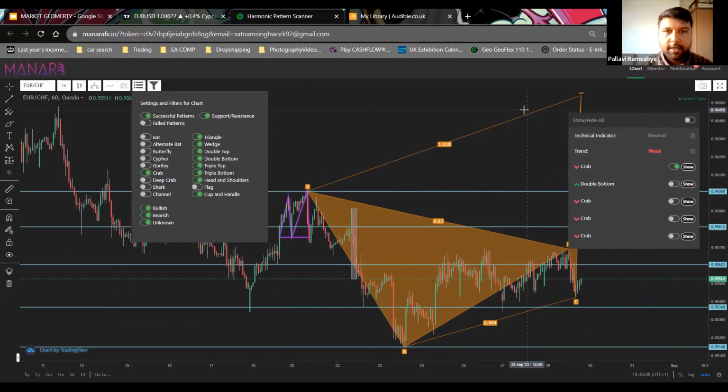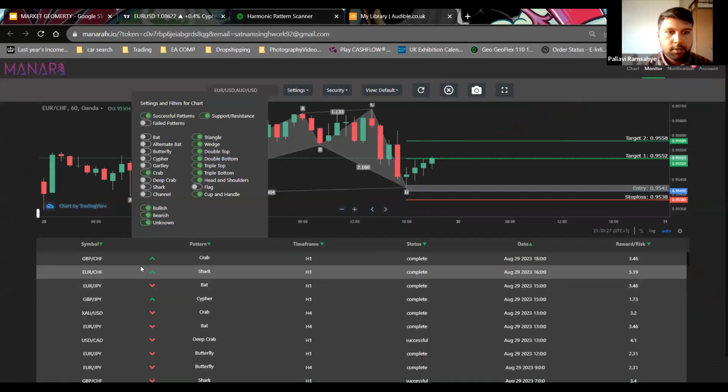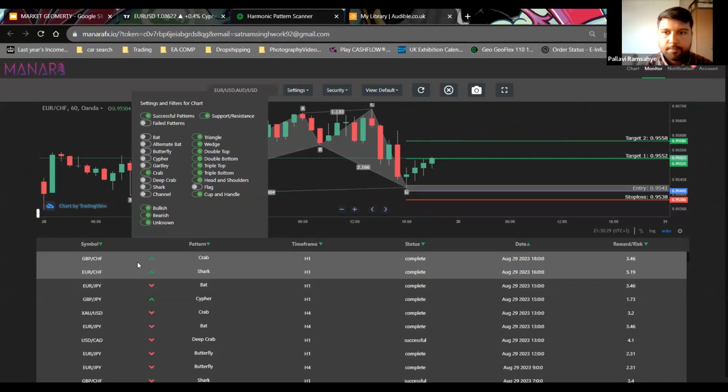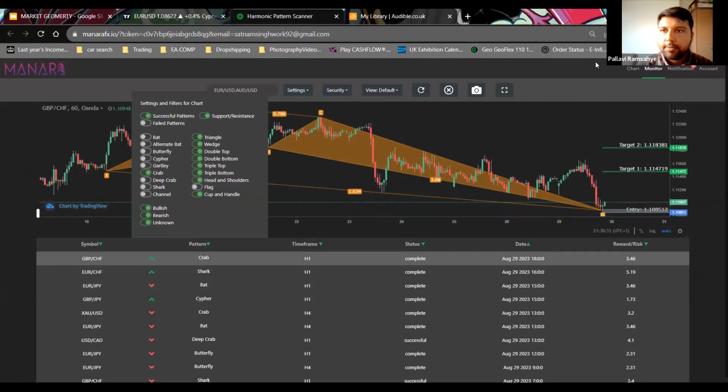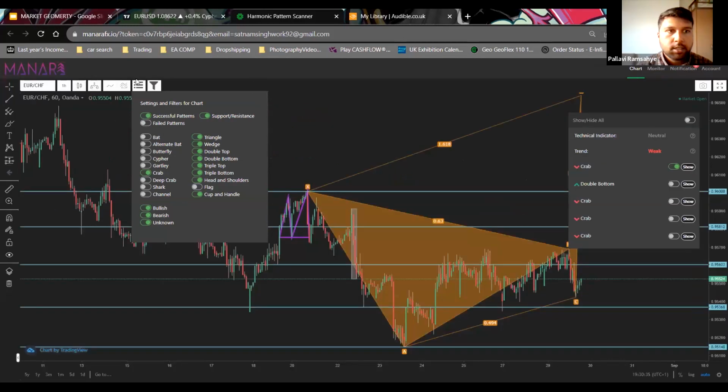I would have liked a bullish pattern. It would be an easier demonstration, but for some reason this GBP CHF doesn't show the bullish crab pattern, which would have been a good demonstration because it's a good retracement actually.